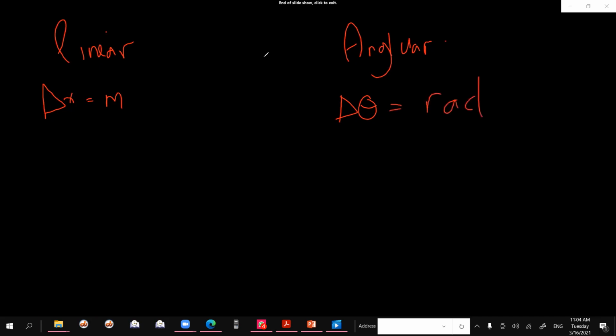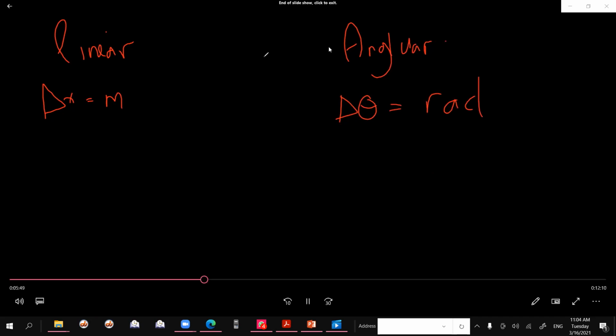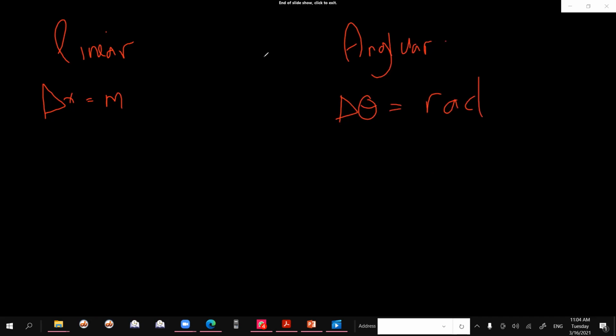We can use degrees, but the most common is the radian. This is a measure of angles, not a measure of distance like linear displacement. We call it angular displacement, and its unit is the radian.